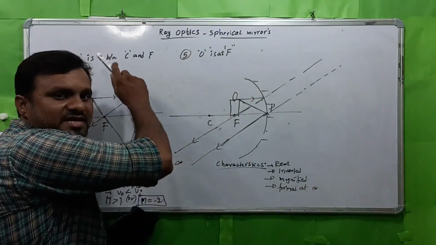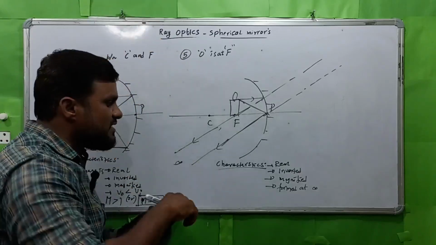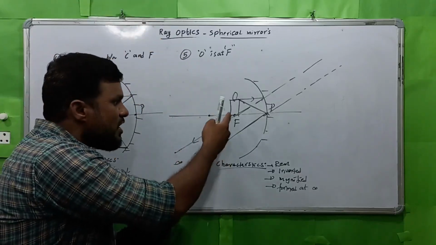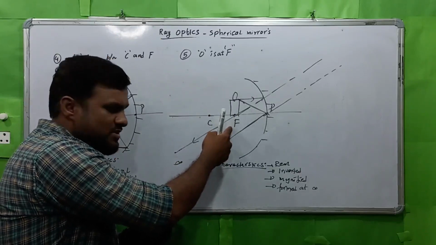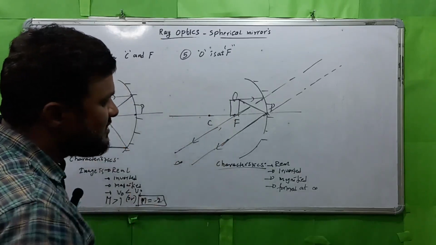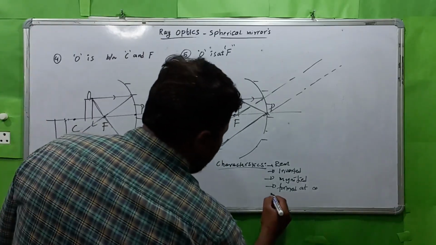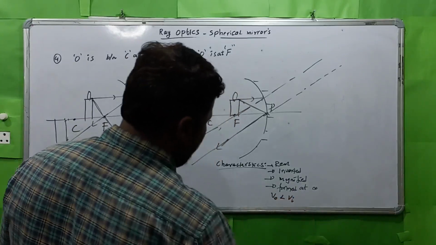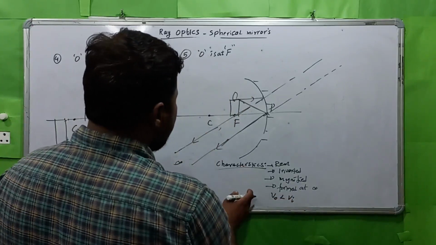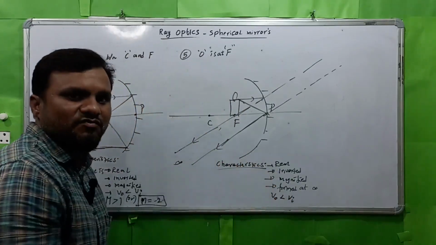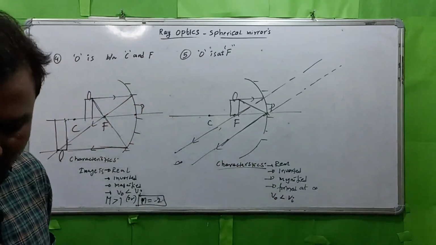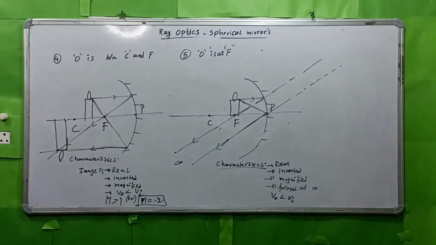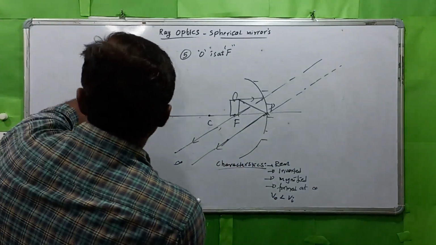Whenever object is at infinity, first diagram, image forms at focus. Now object is at F, focus. Image is going to be formed at infinity distance. So here velocity of object is lesser than velocity of image. We can also observe here magnification is greater than 1, obviously. Now we will draw the last diagram in case of concave mirrors.